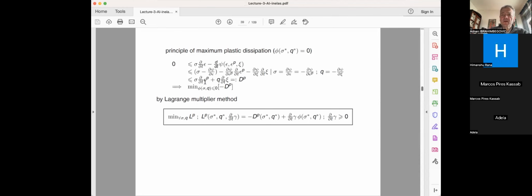I have sigma times epsilon plastic dot, and I have q times psi dot. So I'm maximizing this under the condition that phi of sigma and q has to be equal to 0. I'm turning this into the plastic Lagrangian, which is minus dp as a function of sigma and q plus gamma dot times phi, which is the constraint. And then I'm taking my partial derivatives to get the constrained minimum.